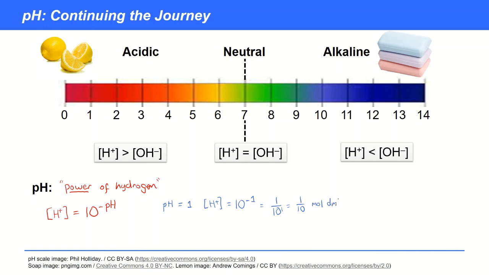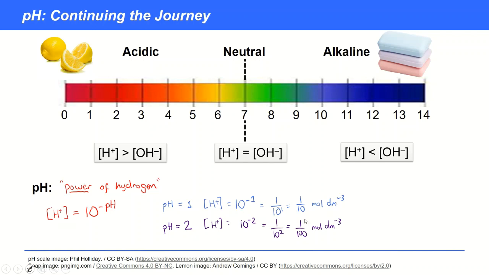So this is a tenth of a mole per decimeter cubed. Now if we change to pH 2, the hydrogen ion concentration is 10 to the power minus 2, which, using our rules of indices, is 1 over 100 moles per decimeter cubed.